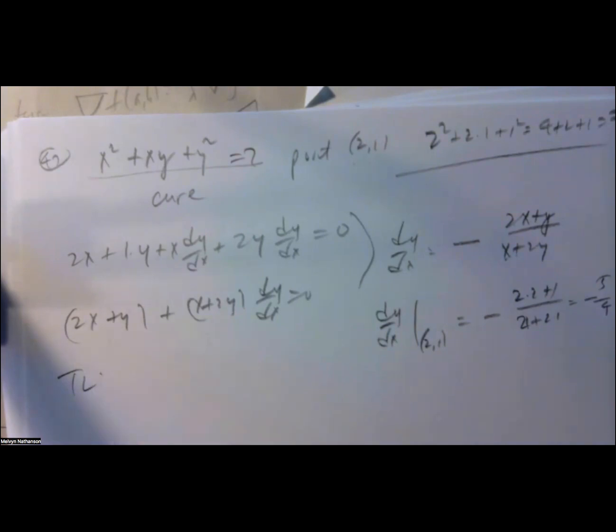So the tangent line, I'll call it TL, is the line through the point (2,1) with slope minus 5/4.